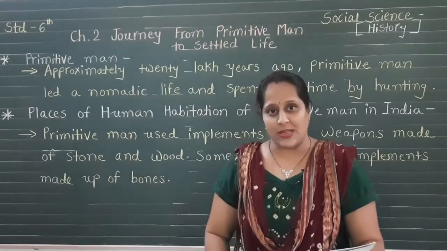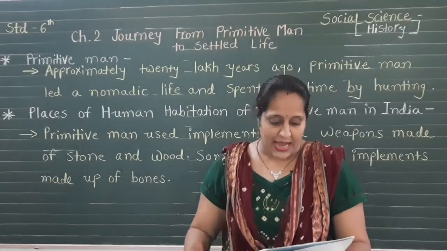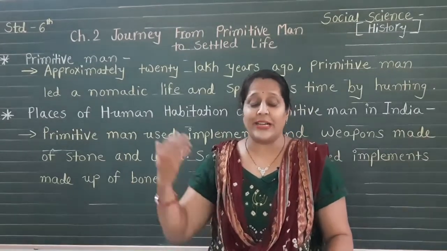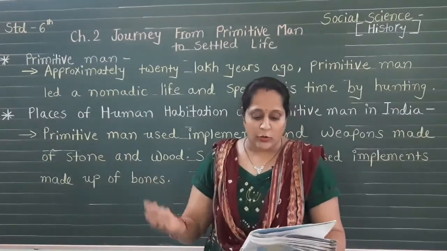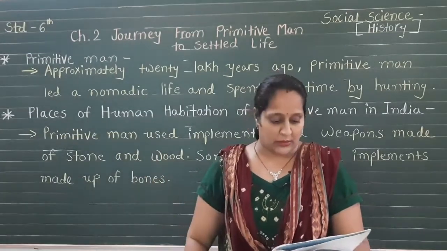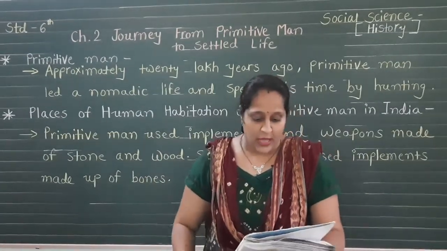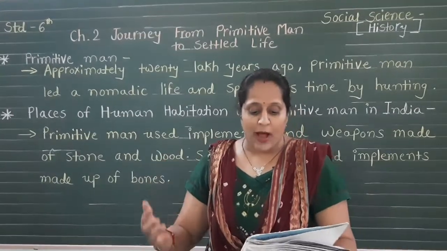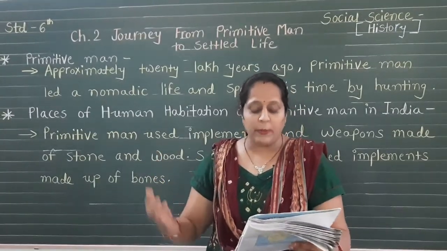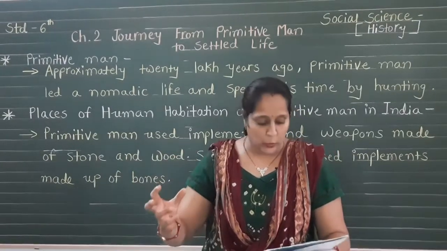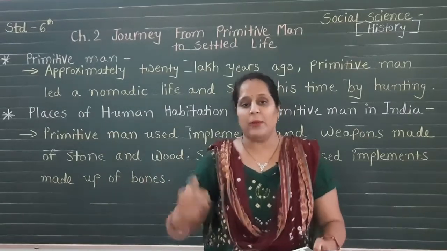Our archaeologists, historians and anthropologists, who study our past and our history, have together found many places of human habitation of primitive man. Along with it, they have also found information about some implements. Implements means tools used by primitive man.